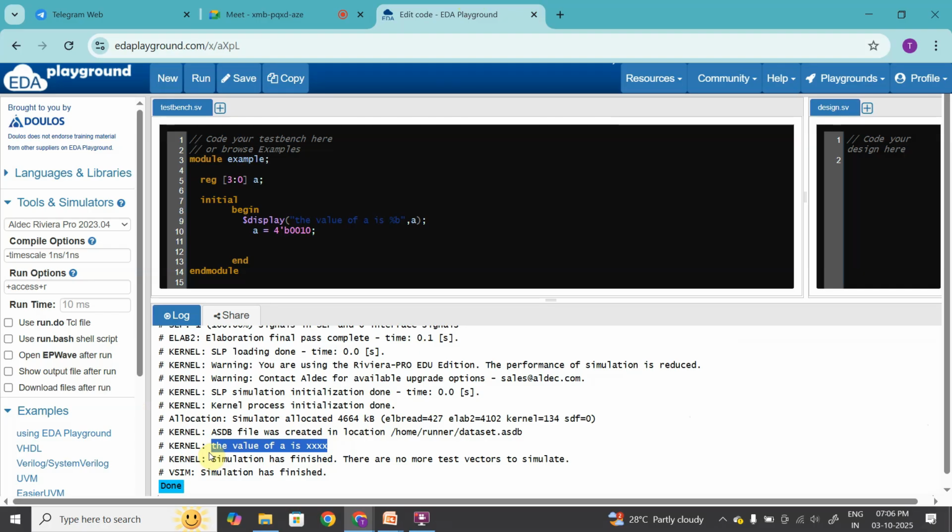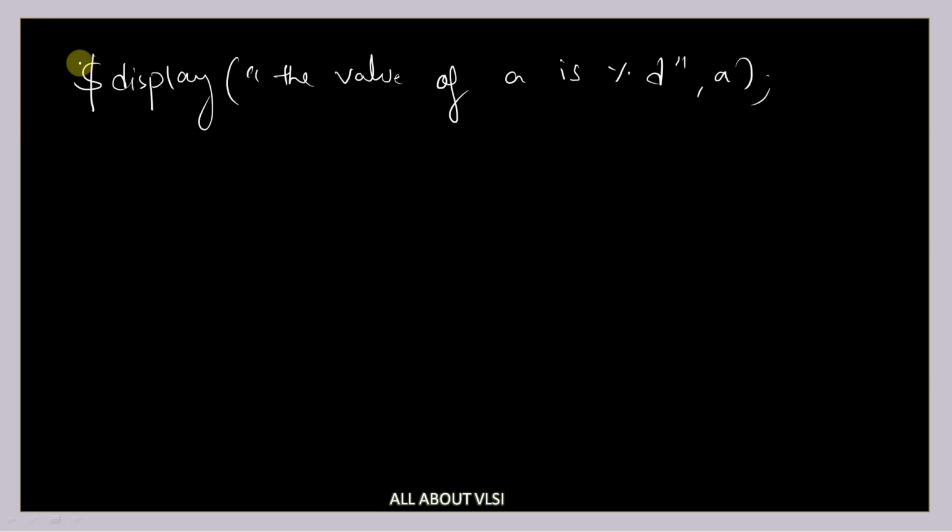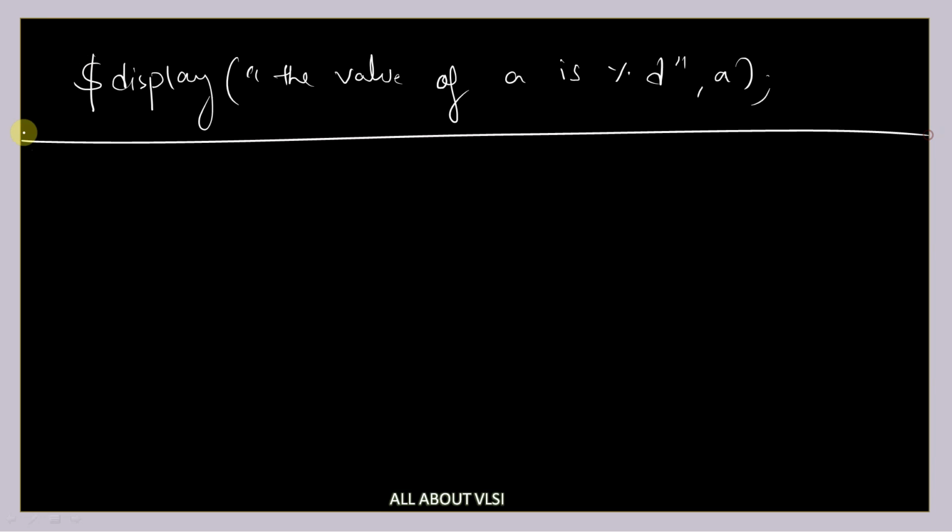So this is case one. Let me frame a few cases and write them down so that it will be very easy to analyze these concepts. Case one is where I'm using $display before the assignment.